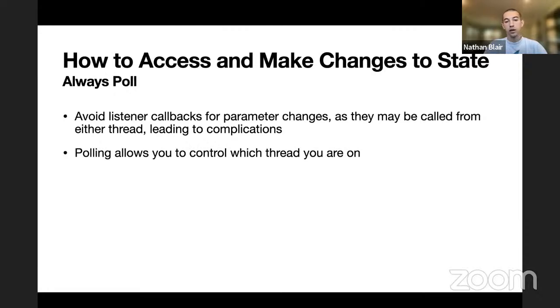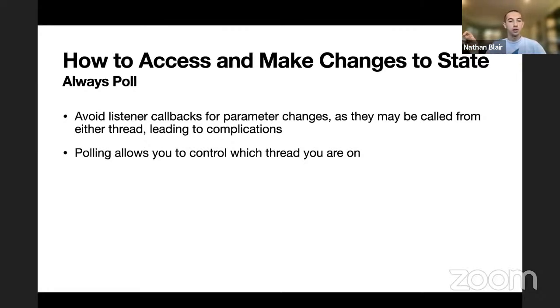And when you want to make changes to state and access those changes without using the listener callbacks, like we said, the JUCE listener callbacks are sometimes problematic, I prefer to just pull the information. That means that I have a timer and I'm just checking the parameter values on that timer, checking the atomic values. And that makes it really easy to write this compartmentalized code.